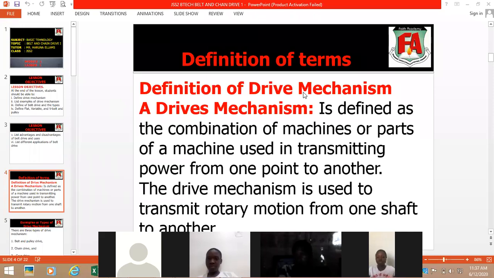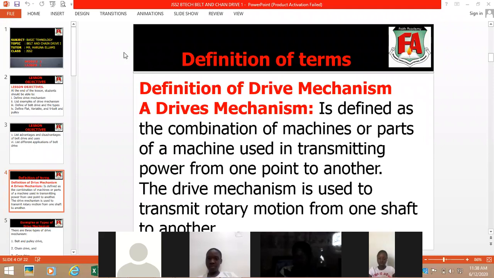A drive mechanism is defined as a combination of machines or part of a machine used in transmitting power from one point to another.